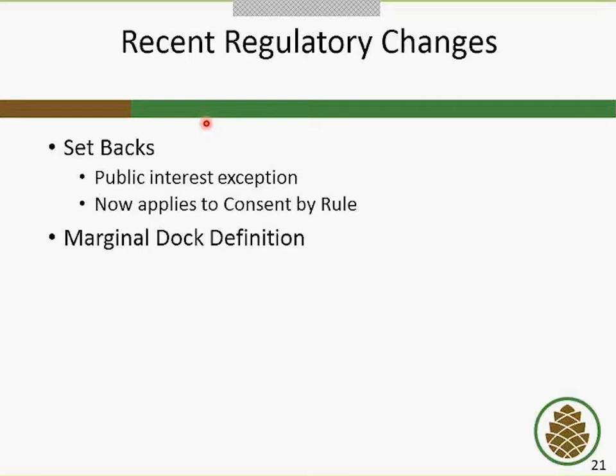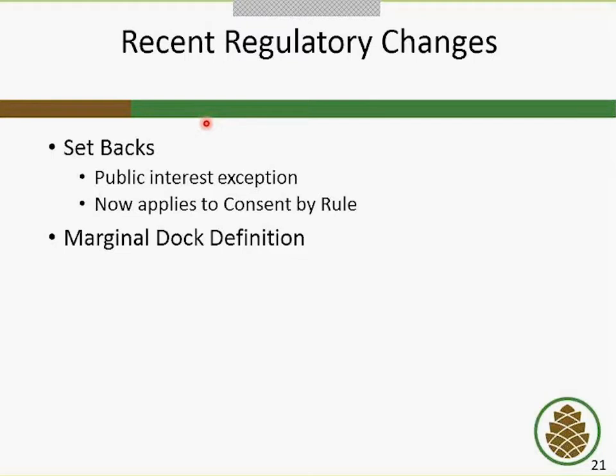So the first of the changes is that the 18-21.0043(d), which governed the setback requirement, it has, throughout my practice, has been the case that the setback could be waived to avoid resource-related impacts.